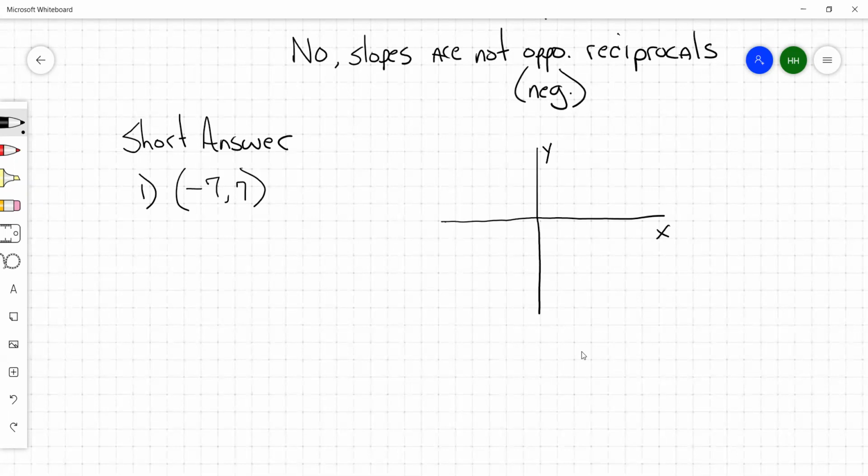So if I put a point at (-7, 7) and then put a vertical line through it, is this line ever going to hit the y-axis? It's not. Where does it hit the x-axis? So the equation is x equals negative 7.